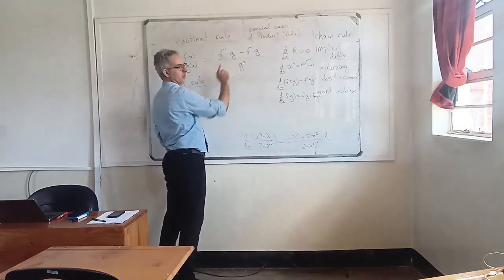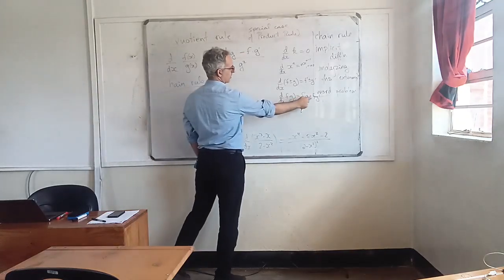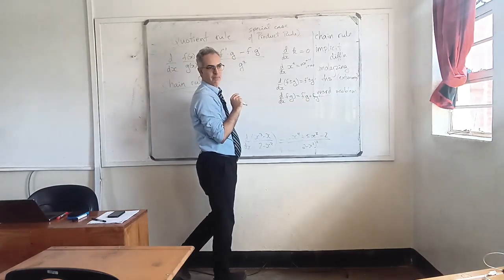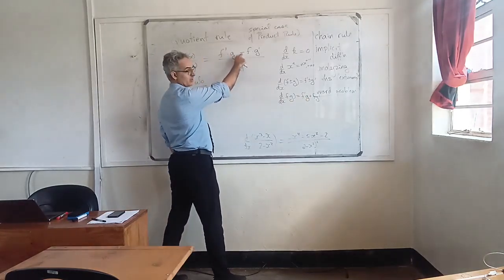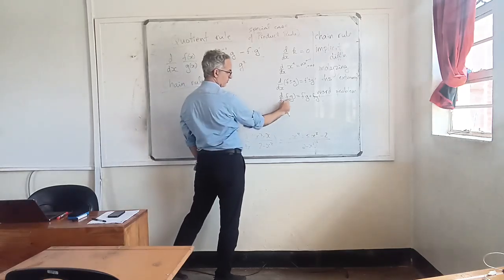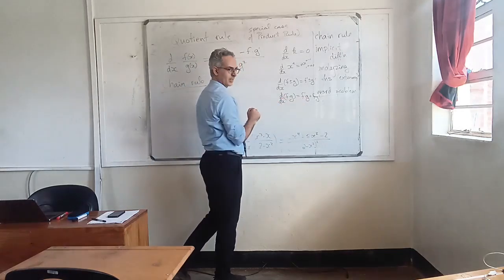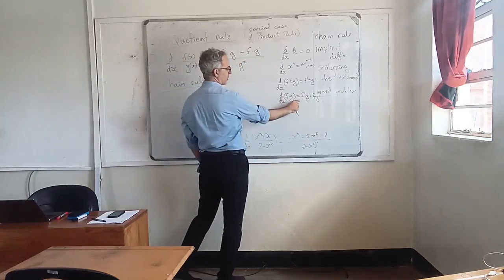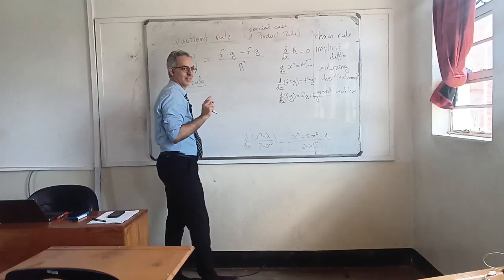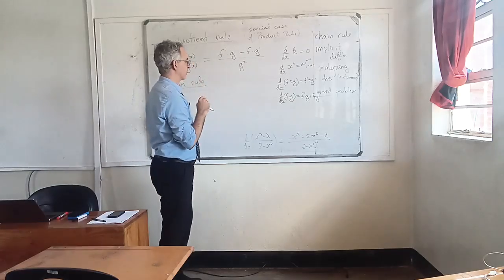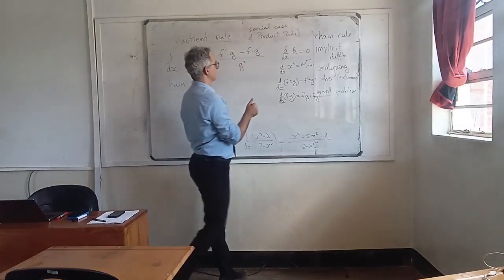The quotient rule has a minus sign, and the product rule is a plus. But we will see how the product rule can give you the quotient rule together with the chain rule. What are we missing?